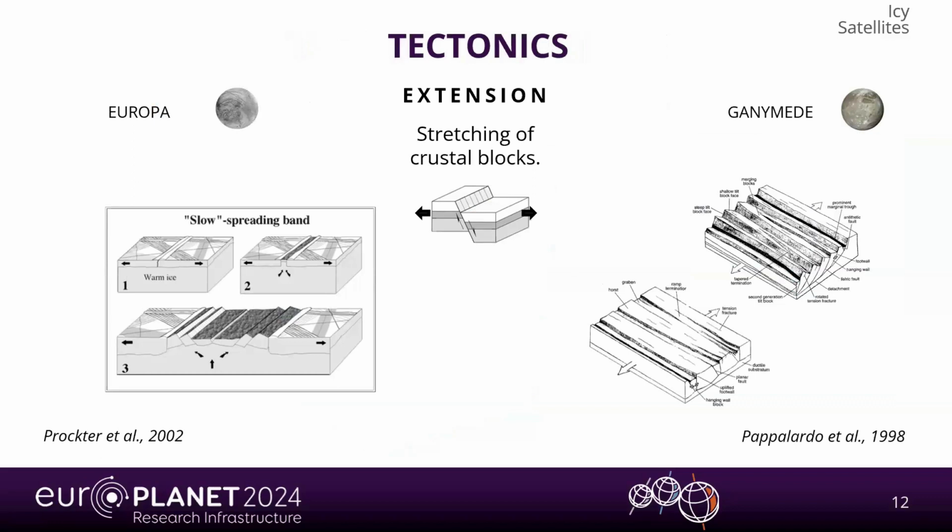And these are two models that explain how extension produced the structural pattern of the deformation structures that we observe at the surface. But also, for instance, the example for Europa on the left shows how extensional activity can also produce resurfacing of a newly formed crust from the deep layers.